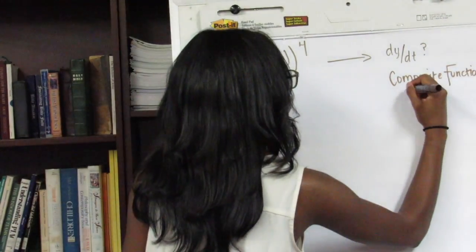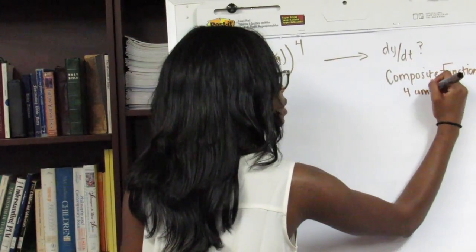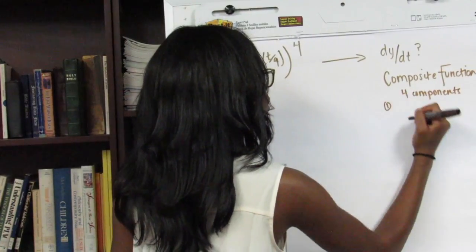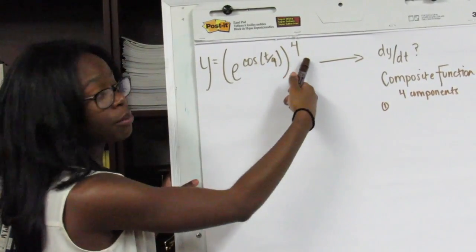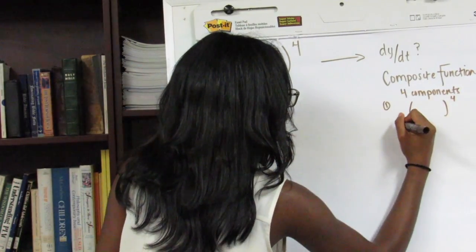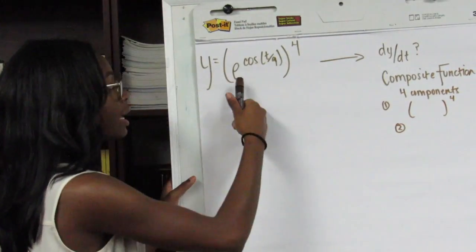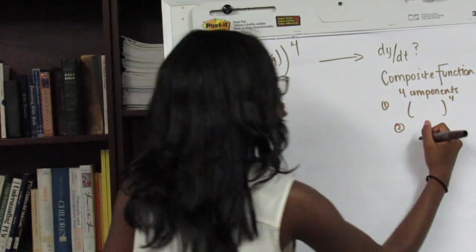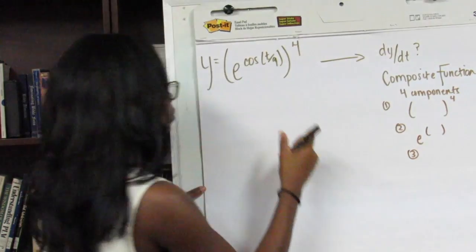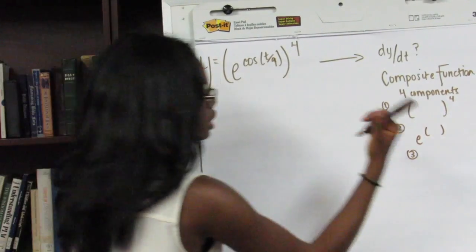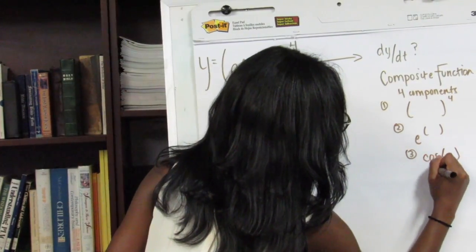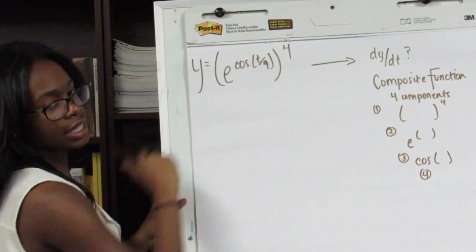In this case, we have 4 distinct components. The first is a function being raised to the 4th. The second is e being raised to a function. The third is the cosine of a function. And the fourth is this function t over 9.